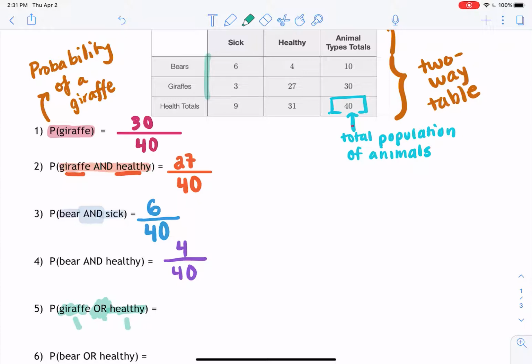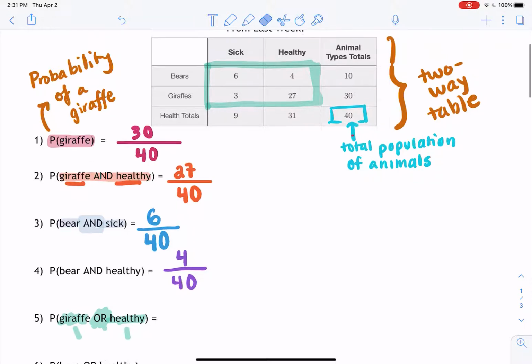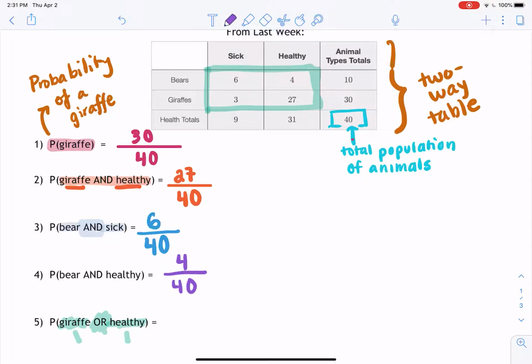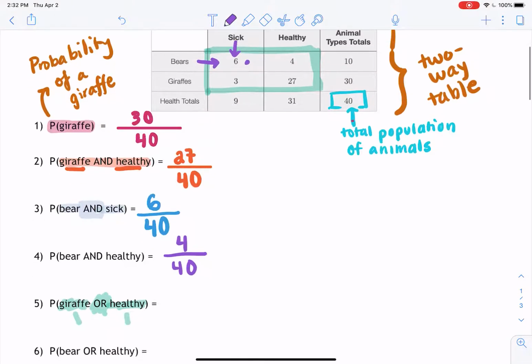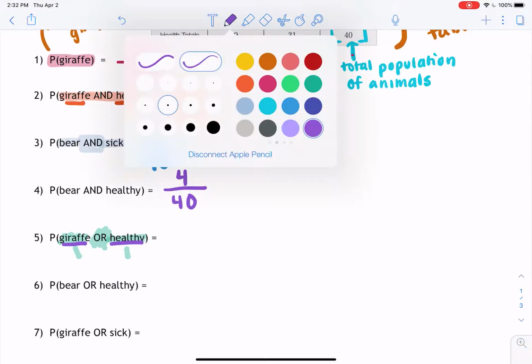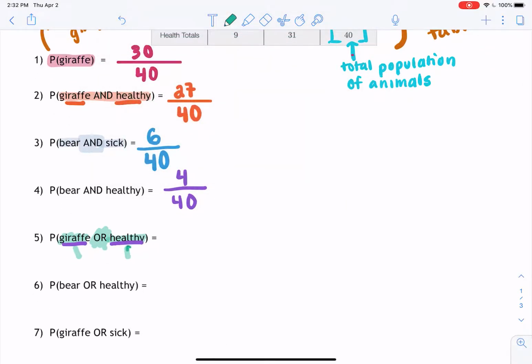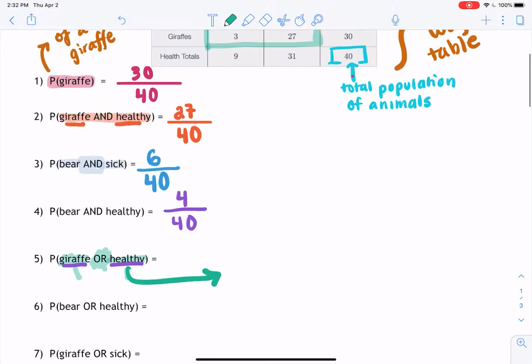So what we're going to do is look at just these 4 boxes that I've highlighted in green. And of these 4, we're going to go through each one and look at them. So in this box that has a number 6, this is describing sick bears. So does that fit giraffe or healthy? No. So maybe another way to describe this would be giraffe or healthy. What are the combinations that could be that?